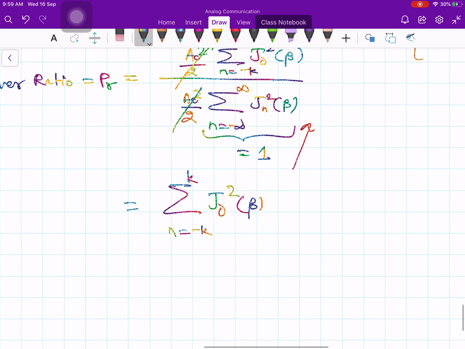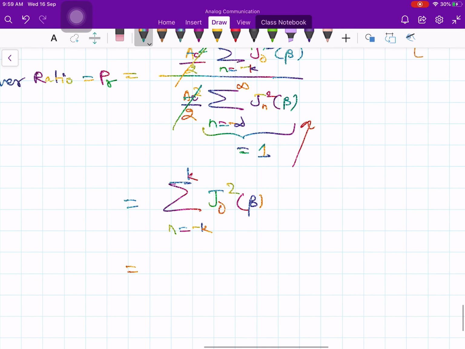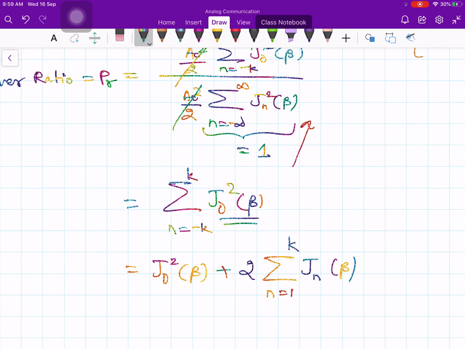Okay, therefore this I can write as J naught squared of beta plus 2 times, because you are squaring, therefore 2 times sigma n is equal to 1 to k Jn squared of beta. This is my power ratio.